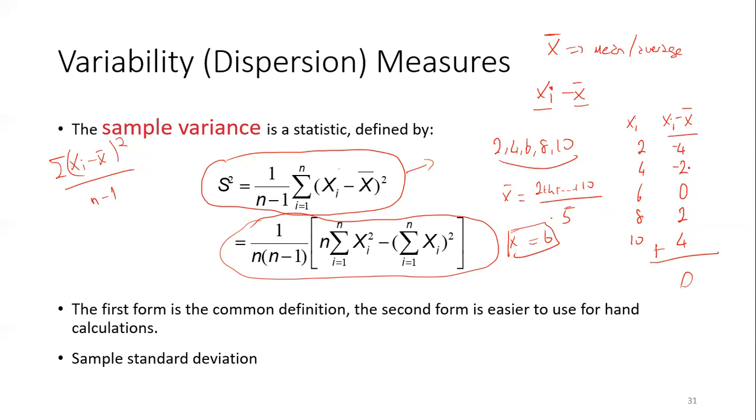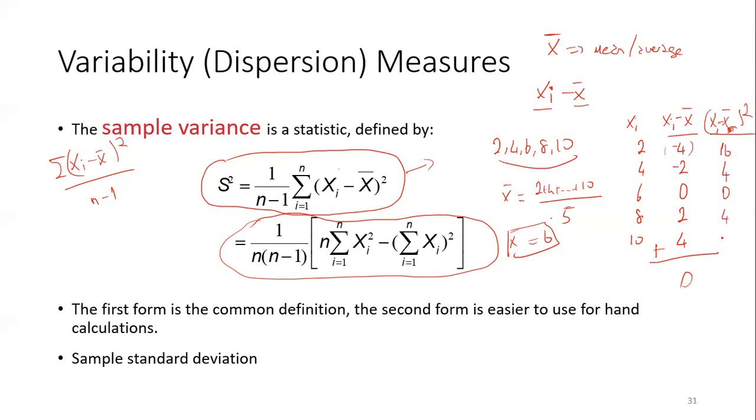That's useless, so I need to find the deviation in a way that I can use it. In order to get rid of the minus values, we square them. The square of minus 4 is 16. Minus 2 squared is 4.